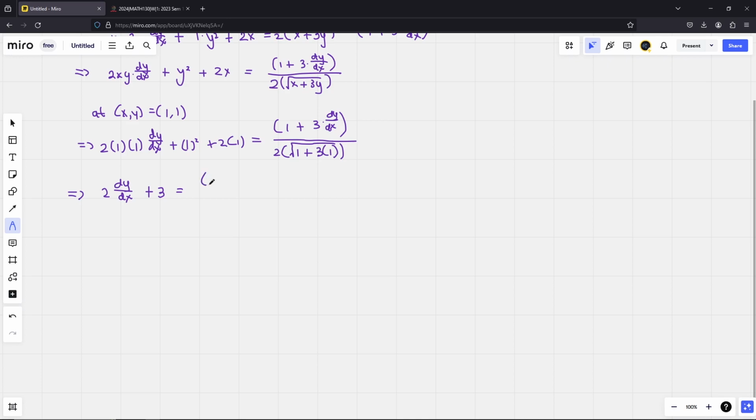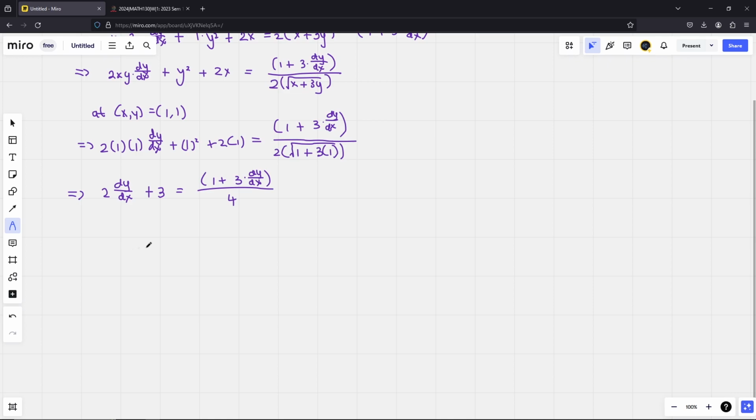And that's going to be equal to, numerator is going to stay the same, 1 plus 3 dy by dx all over, and here we have 1 plus 3, that's going to be the square root of 4, which is just 2. So that's going to be 2 into 2, which we can just write as 4.